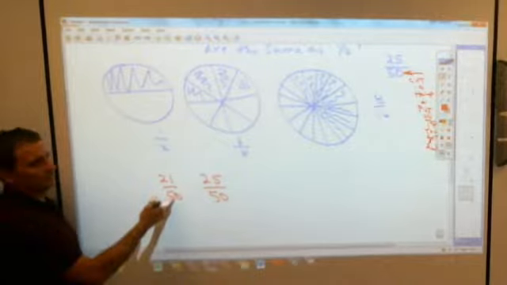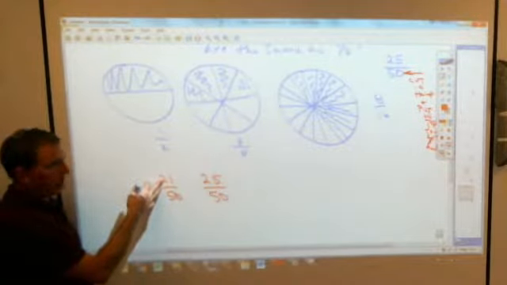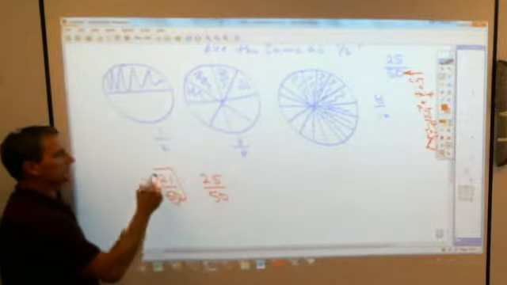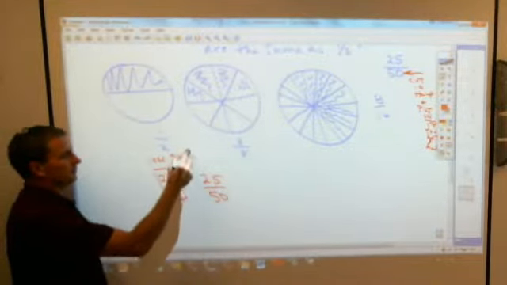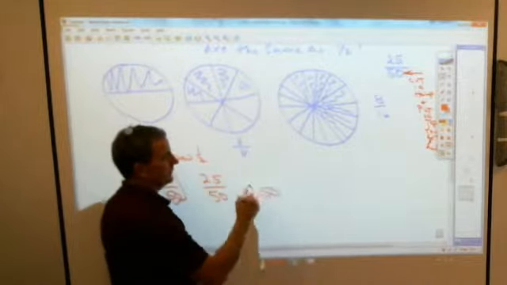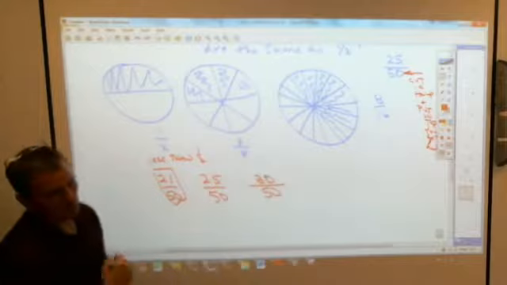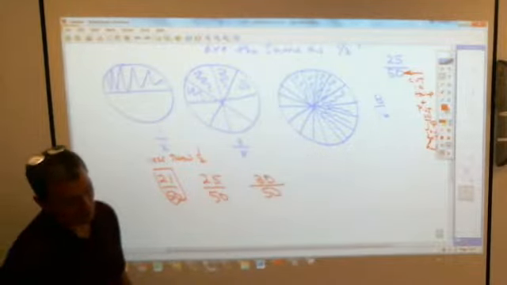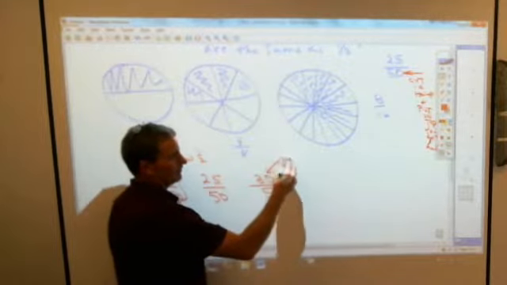Well, if you had the pizza cut in 50 and you only ate 21 pieces, did you eat more than half the pizza or less than half the pizza? Frankie? Right. This has to be less than 1/2. Or if I had that pizza and I ate 30 of the pieces, did I eat more or less than half of the pizza? You ate more than a half because 30 is more than a half.